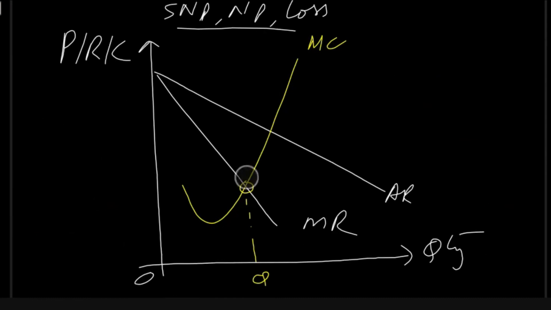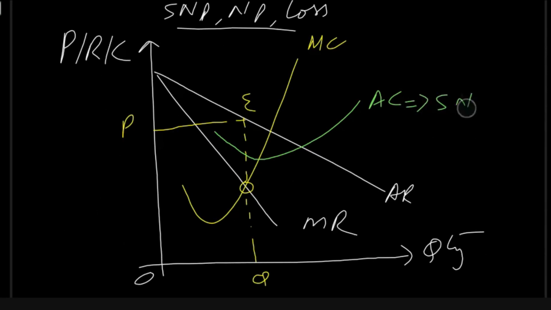And to find out equilibrium price, we have to draw graph till point E along the average revenue curve. And this is the price which we charge in the market. For supernormal profit, average cost curve must intersect somewhere at this point. This is average cost for supernormal profit. Okay.